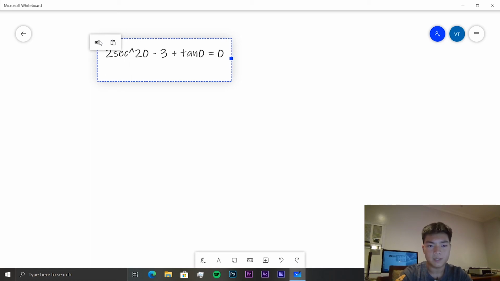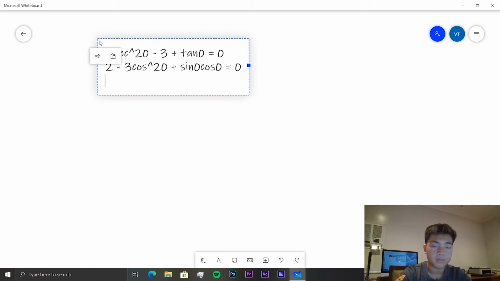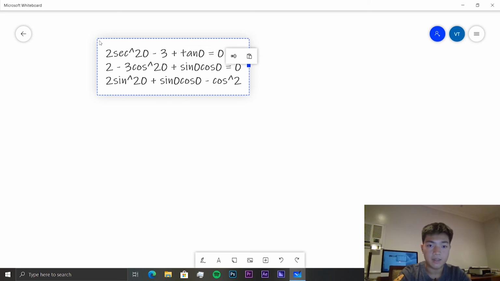This makes it 2 minus 3 cosine squared theta plus sine theta cosine theta is equal to 0. Like the previous one, we can expand this into 2 sine squared theta plus sine theta cosine theta, and then minus only cosine squared theta in this case.